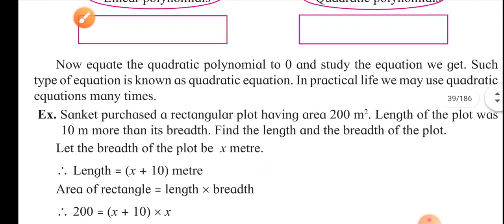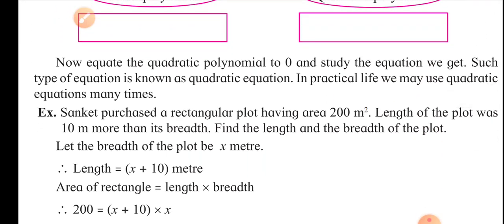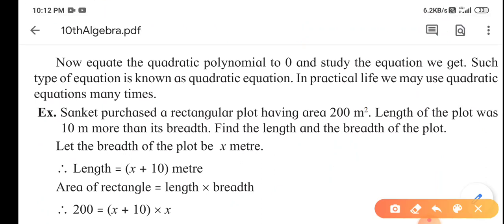Now, when we equate a quadratic polynomial to 0, the equation we get is known as a quadratic equation. Listen once again carefully.